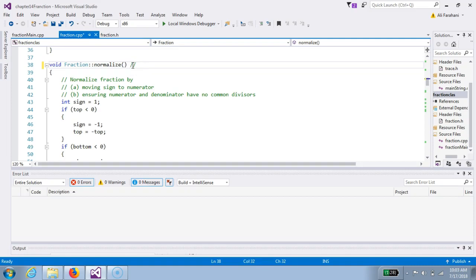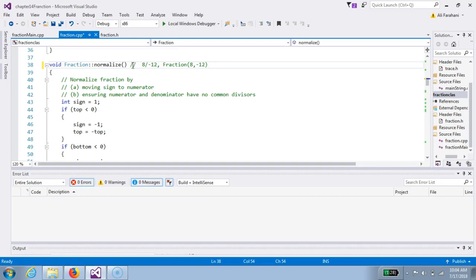If you create a fraction such as 8 divided by negative 12, using the fraction constructor, with 8 being the top number and negative 12 being the bottom number, right? What this constructor does, it immediately calls normalize.